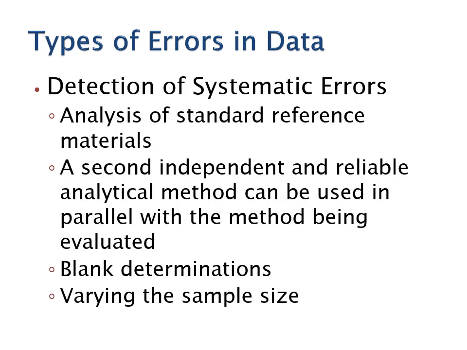Here are the steps on detection of systematic error. So first, analysis of standard reference material. So I believe we have discussed it on our previous lessons. And second, an independent and reliable analytical method can be used in parallel with the method being evaluated. So for example, meron kang bagong method na gustong gawin or subukan, or dahil magaling ka na, matagal ka na dun sa lab na ginagawa mo, feeling mo meron kang shortcut na pwedeng gawin dun sa standard na ginagawa niyong method.